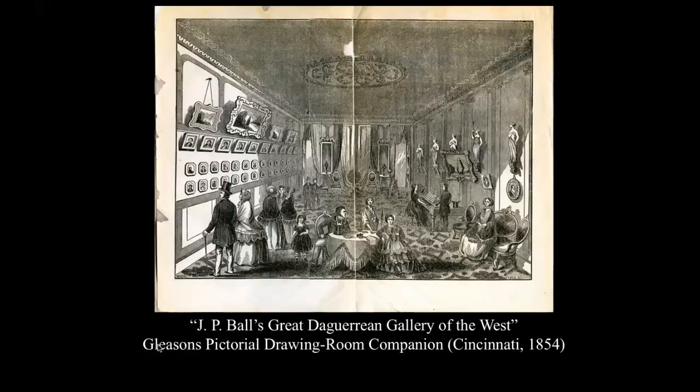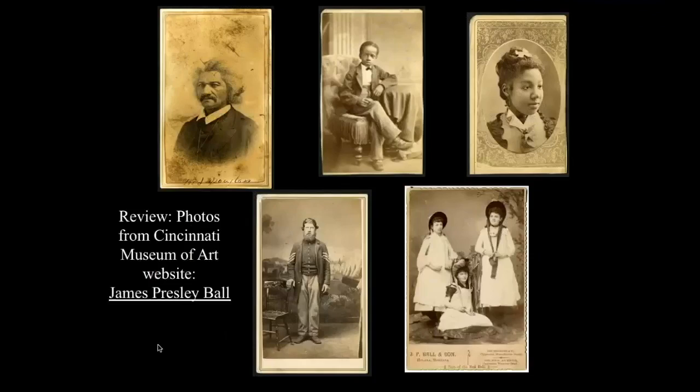He was showing the work of African American painters and photographers, and also integrating the patrons. There's a wonderful website at the Cincinnati Museum of Art showing all of the different portrait photographs that he made.